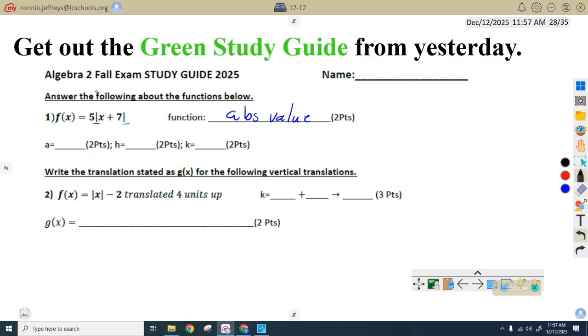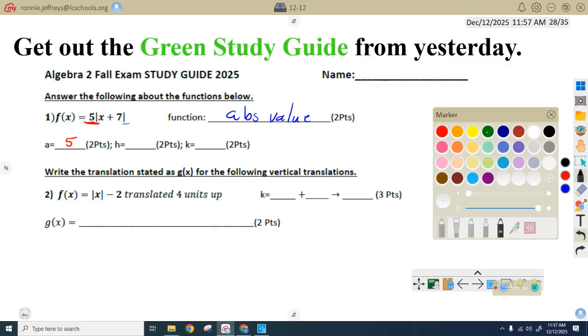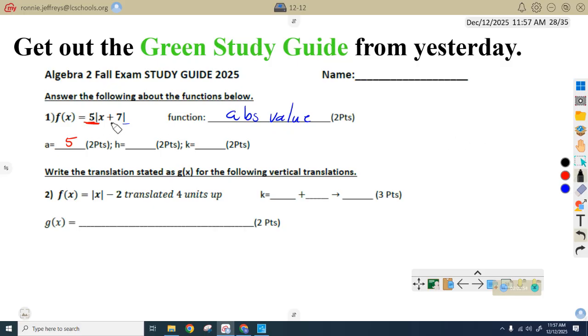Our A is going to be the number in front, so this would be 5. Our H is right here, and remember it's the opposite, so -7. And then our K is out here. Well, there's nothing there, so that would be 0. That's all you really have to do on that problem.